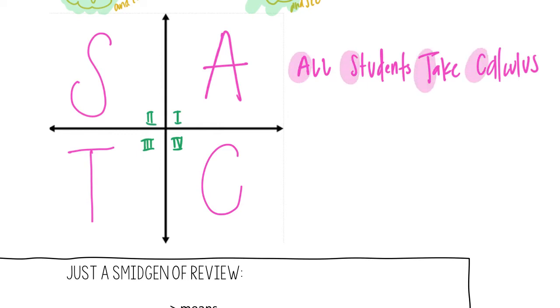Little acronym that helps us remember each of the quadrants in order, which trig function is positive. So in the first quadrant, all are positive. In the second quadrant, sine is positive. In the third quadrant, tangent is positive. And in the fourth quadrant, cosine is positive. Let's take that and use it to solve the problems below.